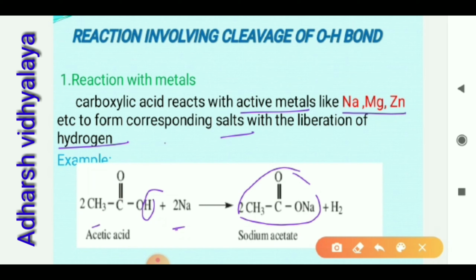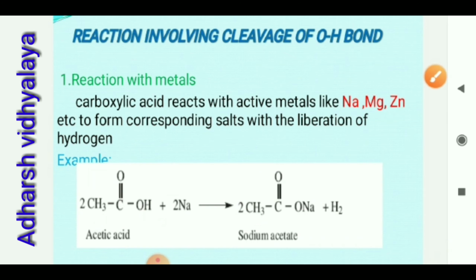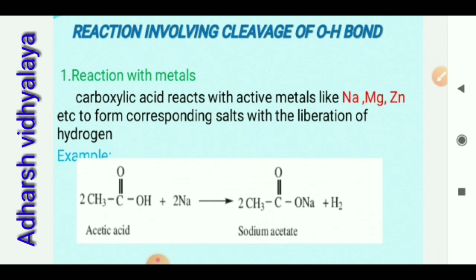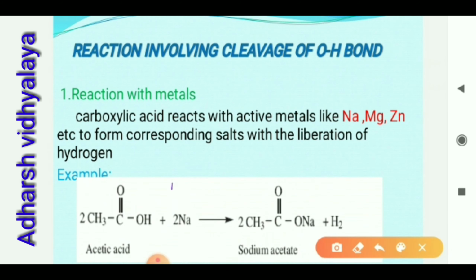In the same way, with magnesium: here 2 moles of sodium reacted, but if it is magnesium, 1 mole of magnesium reacts with 2 moles of acetic acid. It gives magnesium acetate with the liberation of hydrogen gas.